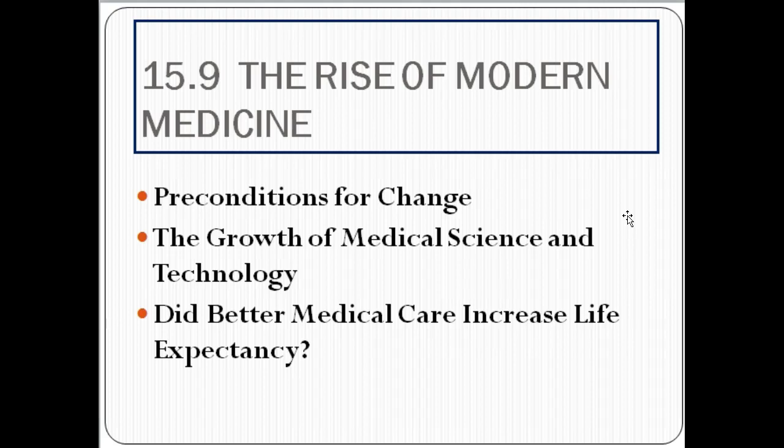So one of the things we noted earlier in the course is that the number one determinant of good health is lifestyle. And so what has been shown is that it's really lifestyle that determines how healthy you are, and not necessarily medical care. Now medical care still plays a part in it, but the statistics have shown that it's more supportive, but if you lead a healthy lifestyle, you're going to tend to be healthy overall.